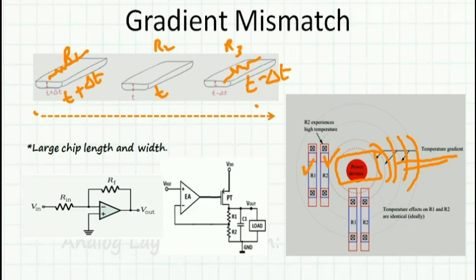It can be quite possible in an LDO where the pass FET is nothing but a power device, and the resistor divider for feedback can be these two resistors. If, instead of placing them side by side, I place them below, then both of them experience the same thermal gradient, and that's how I can remove the gradient mismatch.